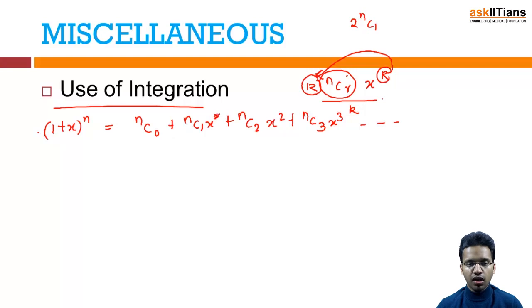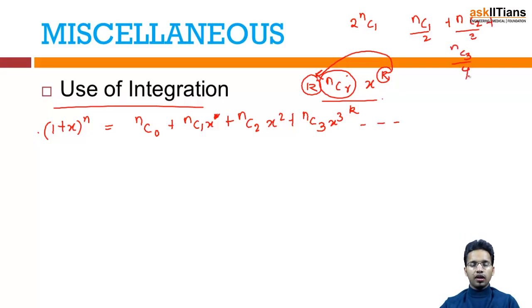Okay, but now instead of this I say, if the question comes like this, nC2, find the value of this thing. Now here immediately it should come to your mind that we are going to integrate this thing.